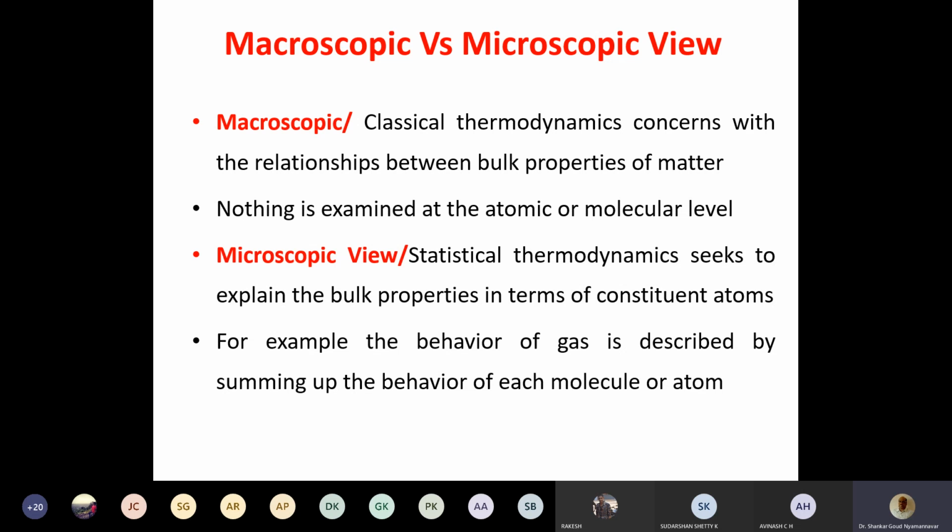So both approaches are used depending on the context. One has to decide whether microscopic or macroscopic is proper for you. Suppose I'm looking at reaction kinetics or reaction thermodynamics, then one must have knowledge of the microscopic approach.